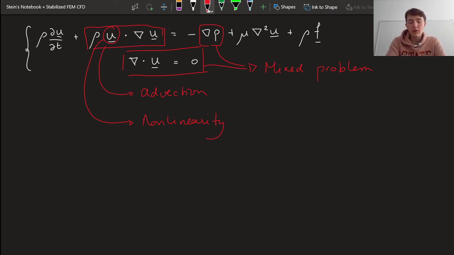And we're going to now obtain three equations that represent these three difficulties. And the one that I'll start with is this advective term. So I'm going to try to define an equation that is almost exclusively based on this advective term. And the equation that I will derive is the advection-diffusion equation.